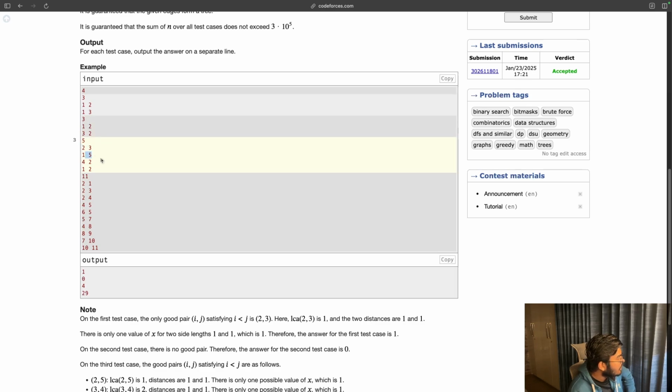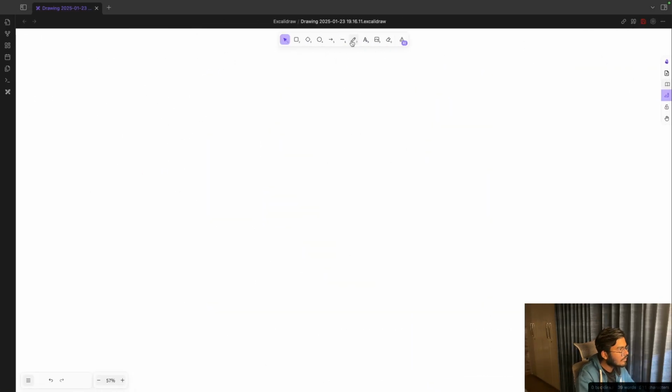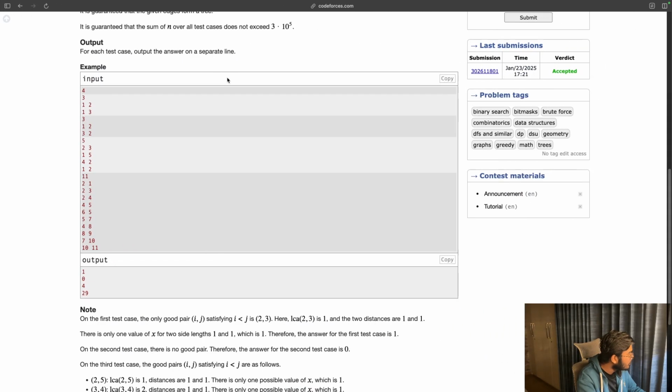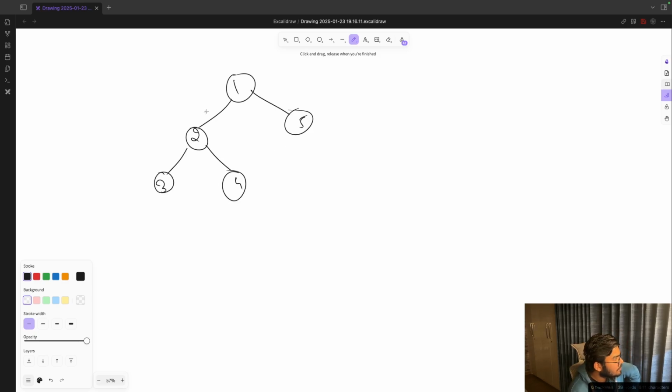If you have 1 2, 1 5, 4 2 and 1 2, so we have a tree rooted at 1, and we have 1 2, 1 5, 2 3 and 3 4. I think that is the tree. Okay, let's try to think about this. If I select node 1, the contribution to the answer will be 0, obviously, right?